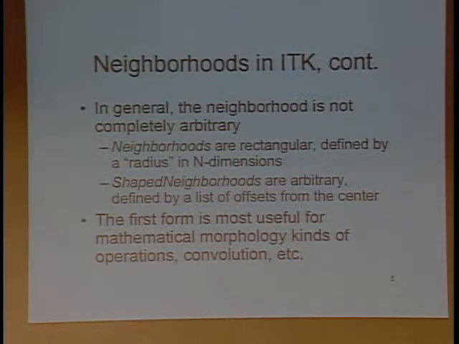For most applications, it's just the very common rectangular ones, and its size is defined by a radius. And the shaped neighborhood is defined by the user. You can just specify a list of offsets of the pixels in the neighborhood from the center.